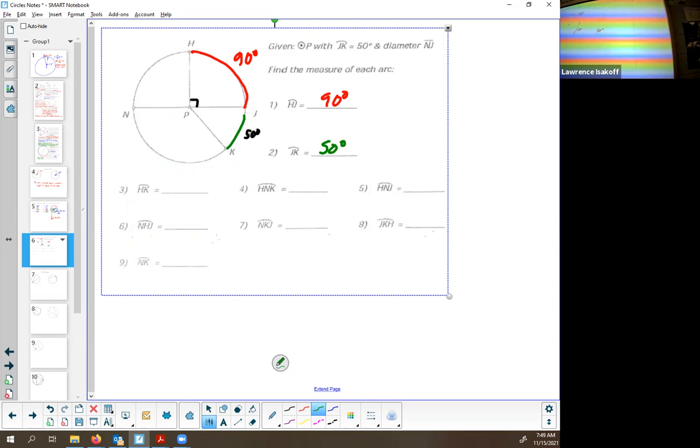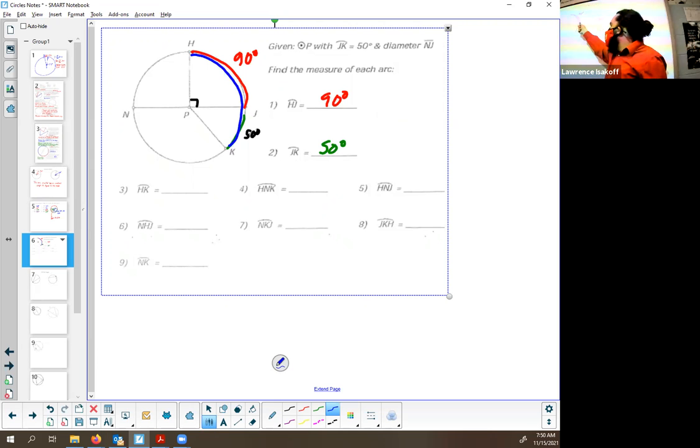Now it says H to K. What do you think we would do with the two arcs we already know? The blue is made up of the red and the green, right? So what would we do to find how long the whole thing is? Add them up. 90 plus 50, that's 140.